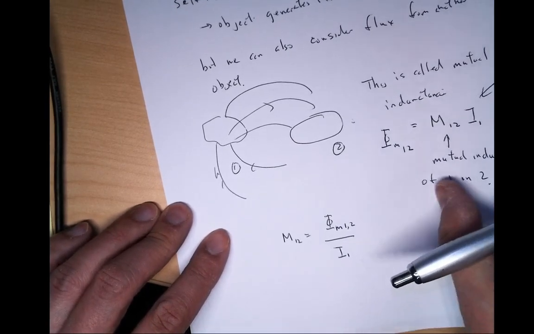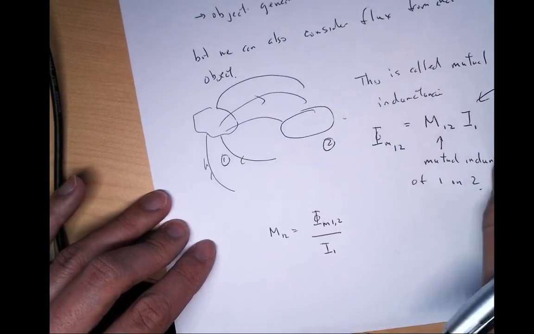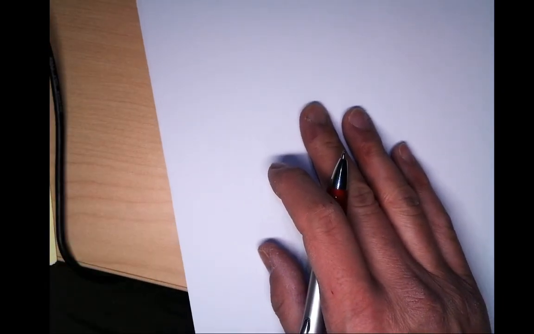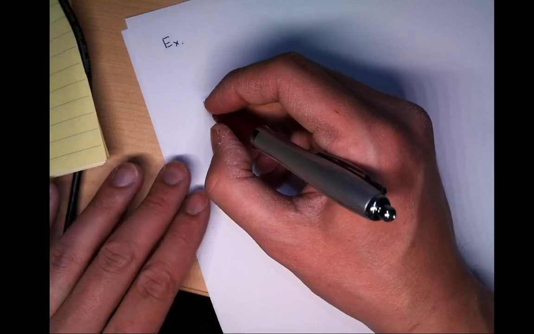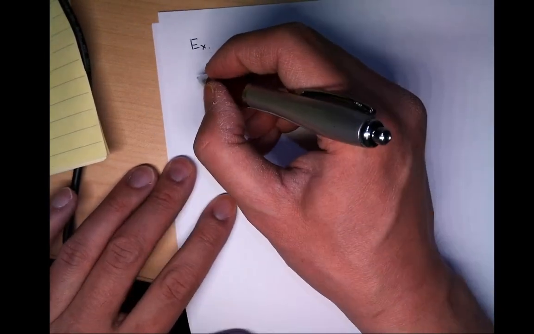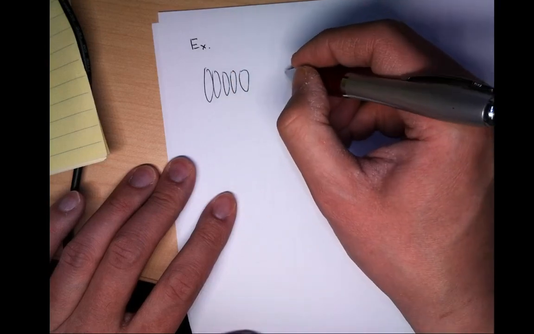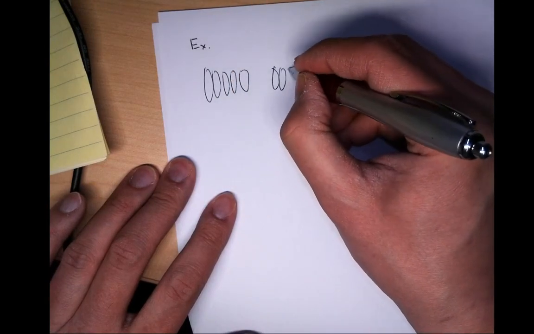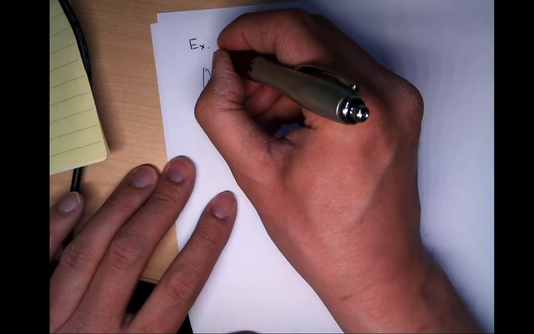Okay, so here's an example. Suppose you have 2 solenoids. There's one solenoid here, there's another solenoid here. This one is solenoid number 1.